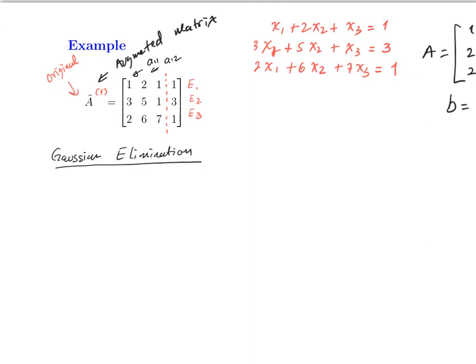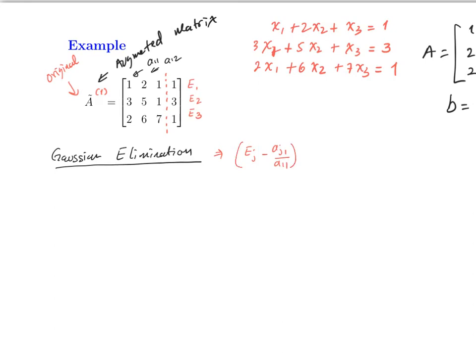So the way in which we're gonna select what to do, this is a theoretical part. So we're gonna have EJ, so row EJ or equation EJ, then minus AJ1 over A11, which you notice in this case, this is A11. Again, you have done this before.